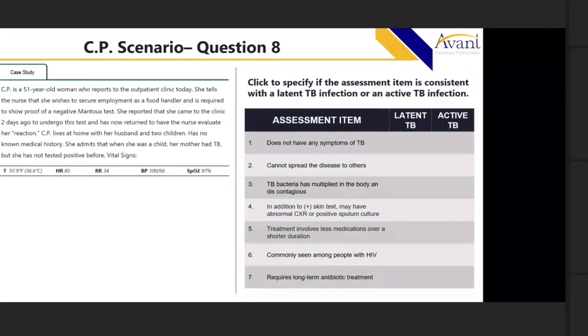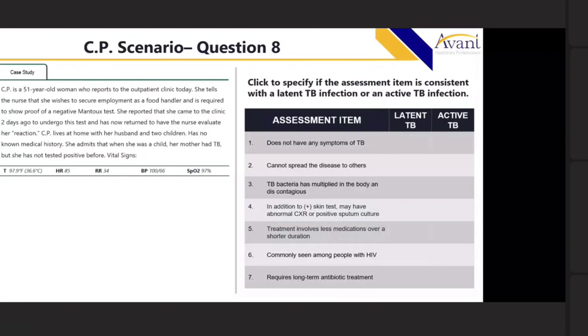So looking at each of these: number 1, does not have any symptoms of TB. Would this be a latent TB or an active TB? Number 2, cannot spread the disease to others. Number 3, the TB bacteria has multiplied in the body and is contagious.